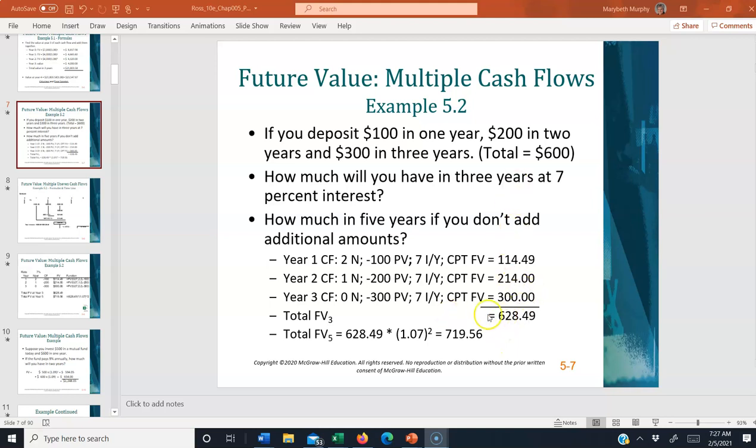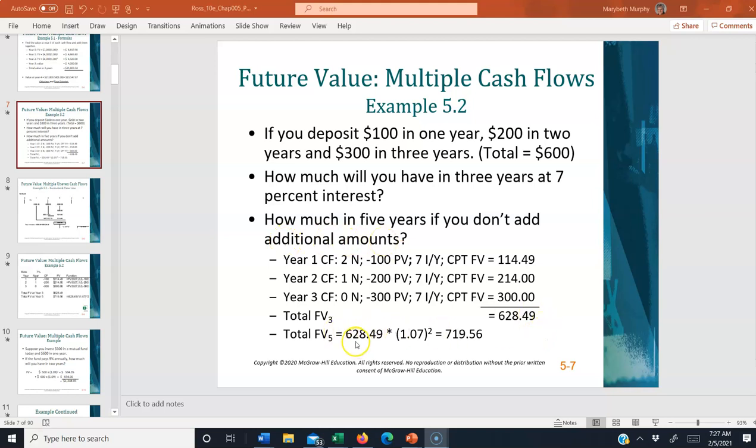So if we add those all together, it's $628.49. Okay, so that's what we have at the end of 3 years. And then it says how much in 5 years if you don't add additional amounts.